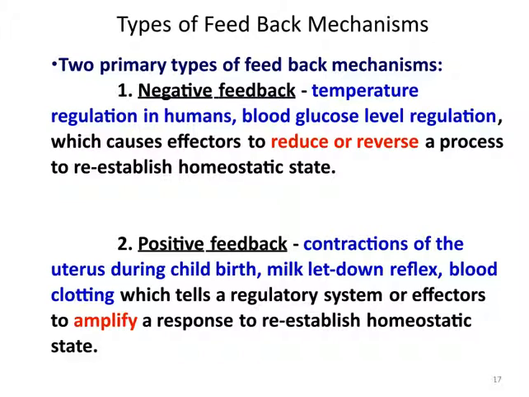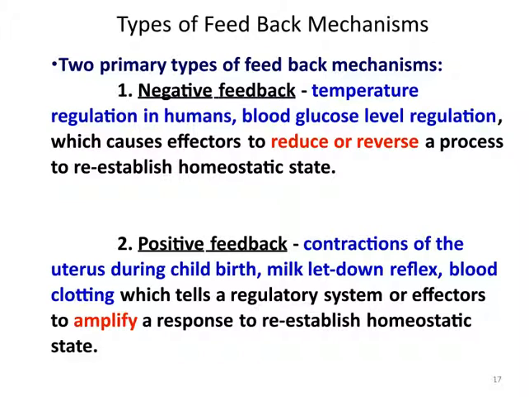The second type of feedback mechanism is positive feedback. And in this type of feedback mechanism, your system is actually going to increase or amplify the response. Now, a good example is childbirth. Positive feedback mechanism that occurs during childbirth. Let's say the baby is ready to come out, so the uterus begins to contract.